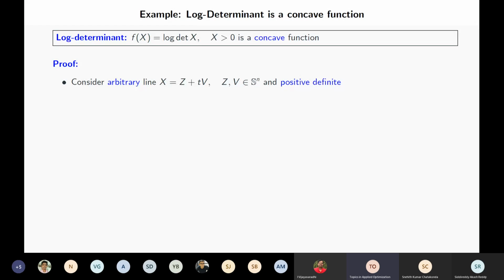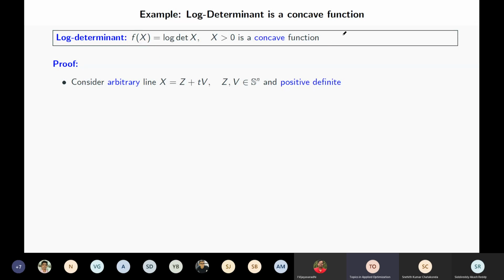It says that f of x is log of determinant of x, where x is positive definite, and we have to prove that f of x is a convex function. Here x is a matrix. So it's a matrix function, because we talk about determinant for matrices.